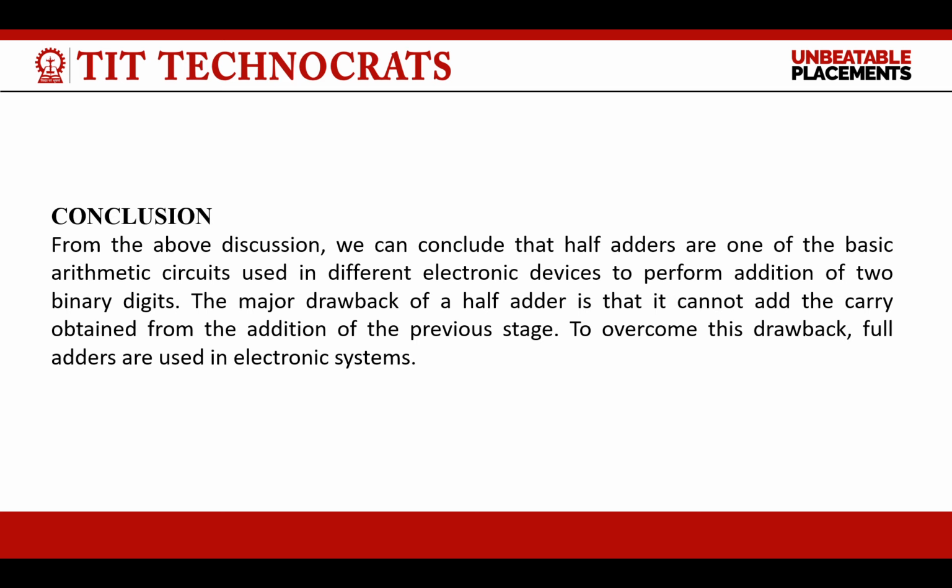That is, a half adder is not able to add more than 2 bits. To overcome this drawback, full adder circuits are used in electronic circuits. So students, in the next presentation, we will learn about the full adder circuit and how the drawback of the half adder circuit is overcome by using the full adder.